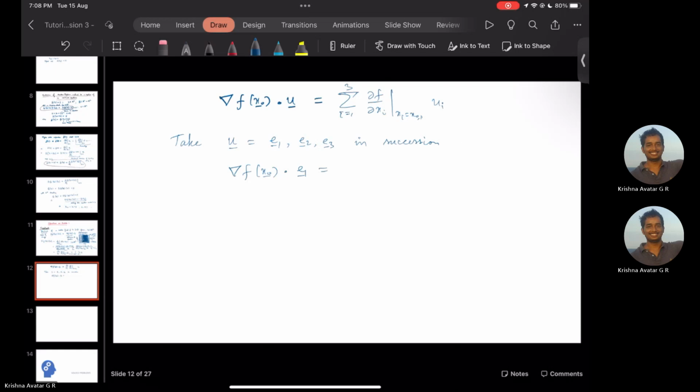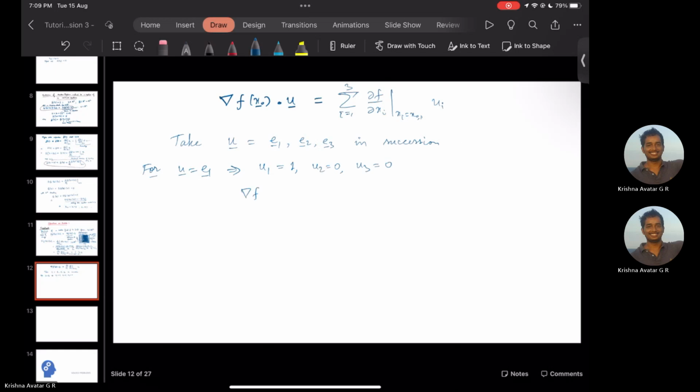Okay, let me first write. Let me just try to explain to you what happens. For u vector equal to e1, this implies that u1 is equal to 1, u2 is equal to 0, and u3 is equal to 0, right?